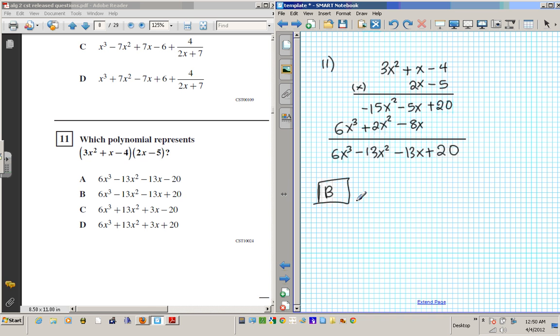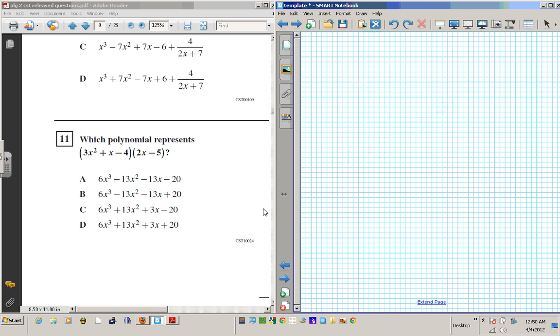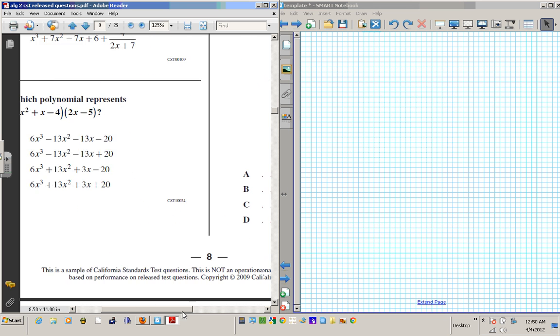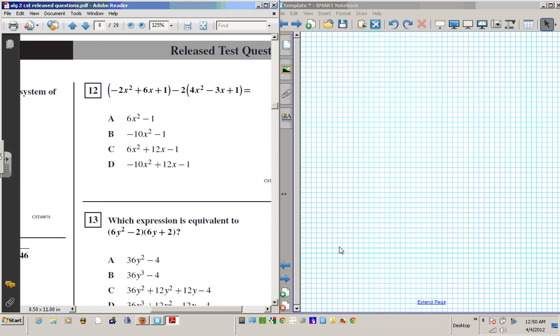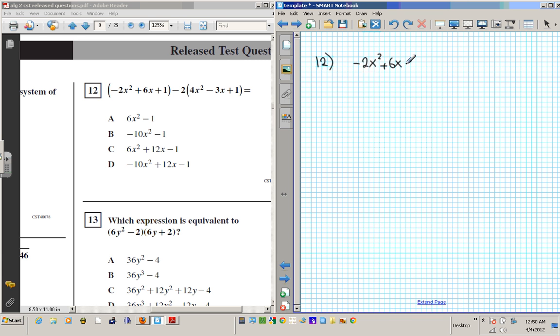Alright, let's move on to question number 12. It says, find the value of that. So in this case, we have negative 2x squared plus 6x plus 1, and we are subtracting twice 4x squared minus 3x plus 1.